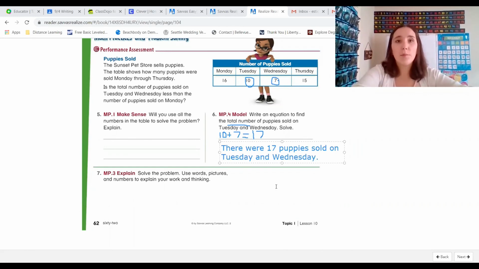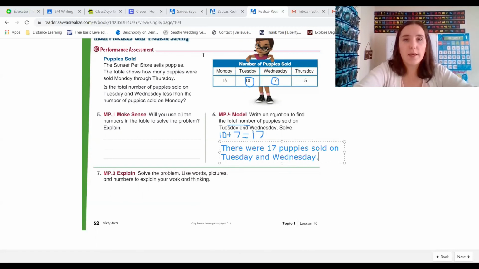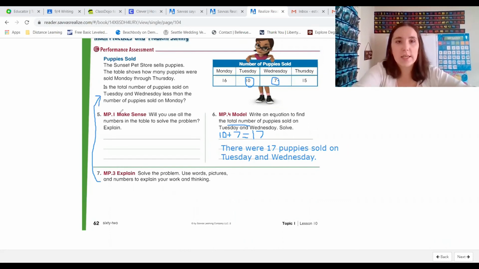Now I want you to do number 7 by yourself. It says solve the problem, use words, pictures, and numbers to explain your work and thinking. Okay, now they want you to actually solve this problem up here, okay? So here is what it says. It says, is the total number of puppies sold on Tuesday and Wednesday less than the number of puppies sold on Monday? So they sold 16 on Monday and they sold 17 on Tuesday and Wednesday.